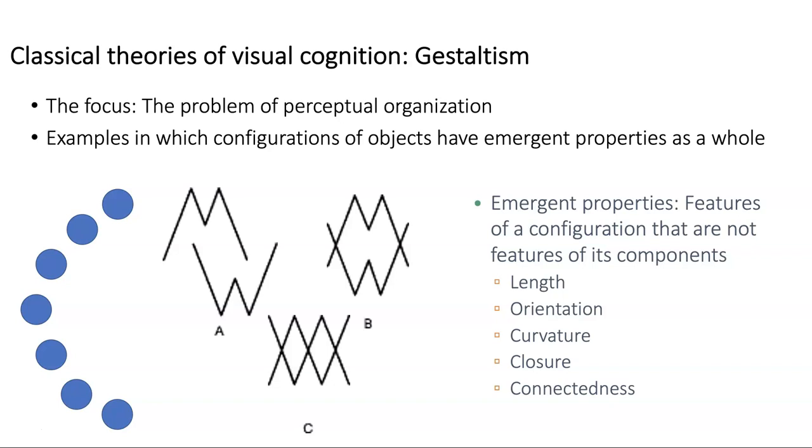So for instance, if you look at these figures on the left, what makes the curvature is not the blue circles, but their positions. I mean, their perceptual organization. So we perceive curvature here. We don't only perceive blue dots.